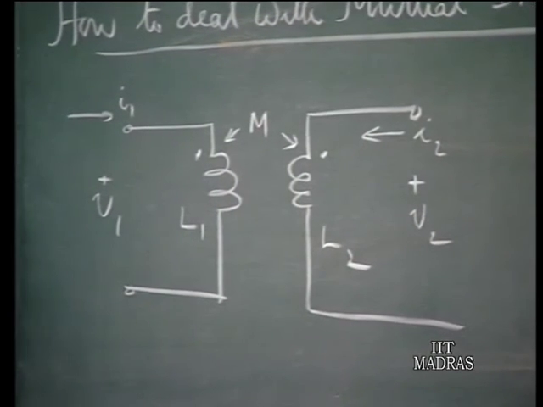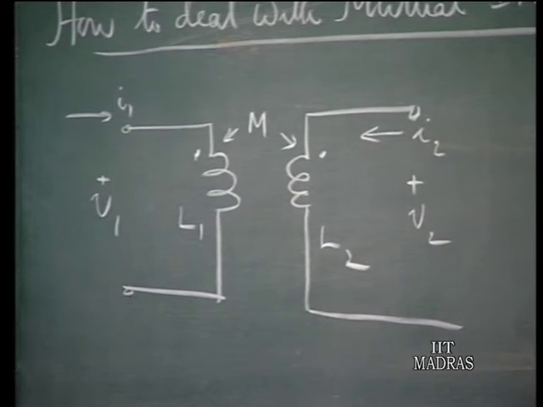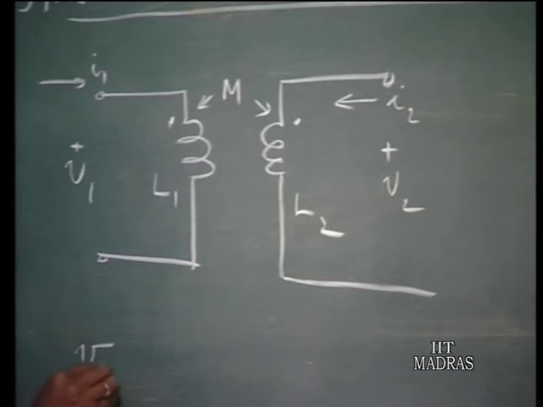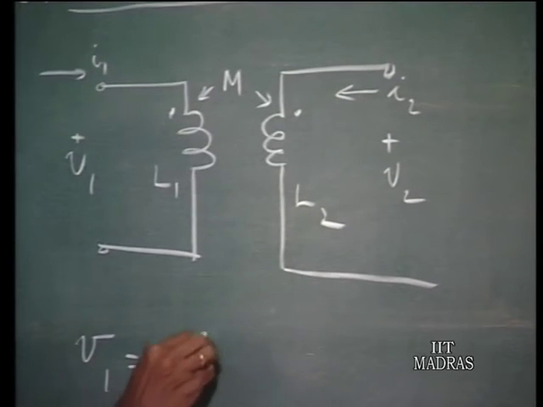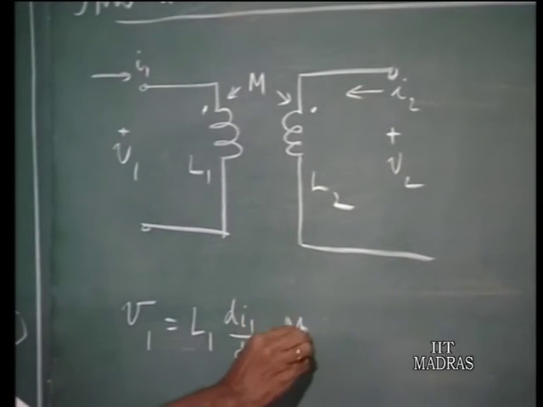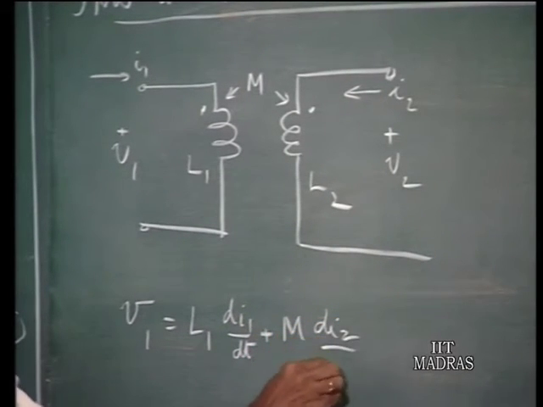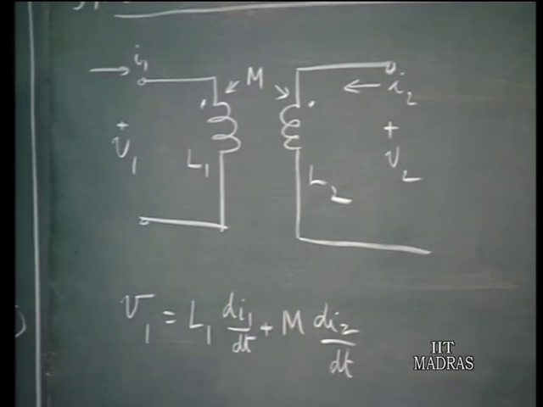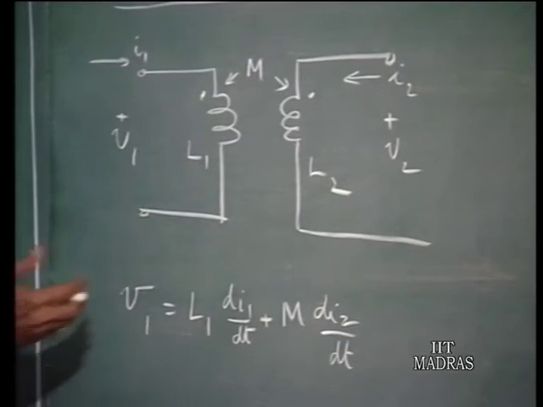Then in time domain the equations of performance of this mutually coupled pair of coils is V1 equals L1 di1 dt plus M di2 dt, because both the currents enter the dot points, therefore the sign of the mutually induced EMF is the same as the self induced EMF, therefore this is plus, that is also plus.